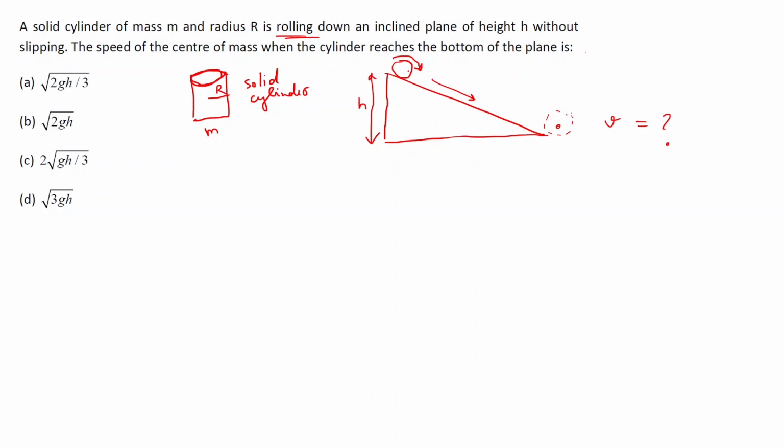When this body is at the height h and it's not in motion, it is static there in the beginning, so it has one form of energy called potential energy. Initially the body has potential energy, the value will be mgh.